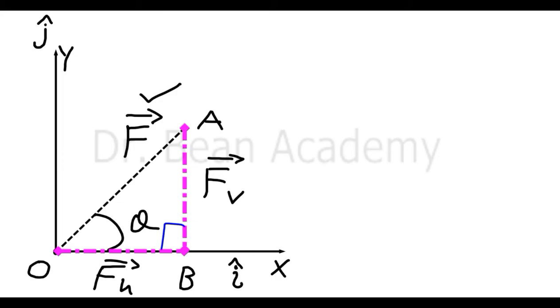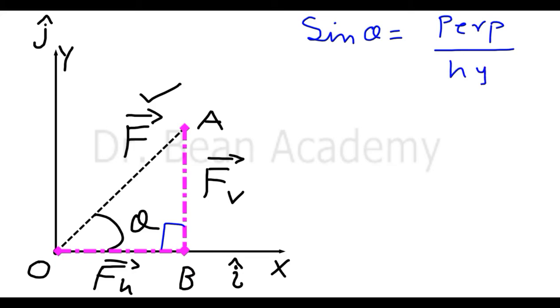Next, trigonometry tells us about a ratio which is sine of theta, which is equal to perpendicular divided by hypotenuse.